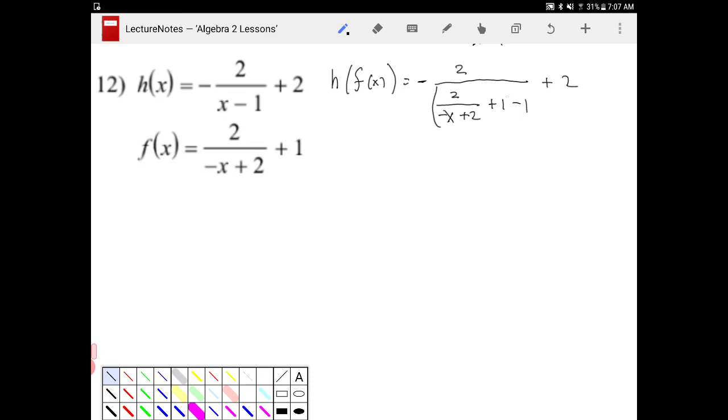This thing right here, remember, this is f, and that was originally x inside of h. So I'm replacing x with f, and that's how I end up with this. One more time, I am going to simplify the denominator. I see that the positive and negative 1 cancel. I get 2 over negative x plus 2.